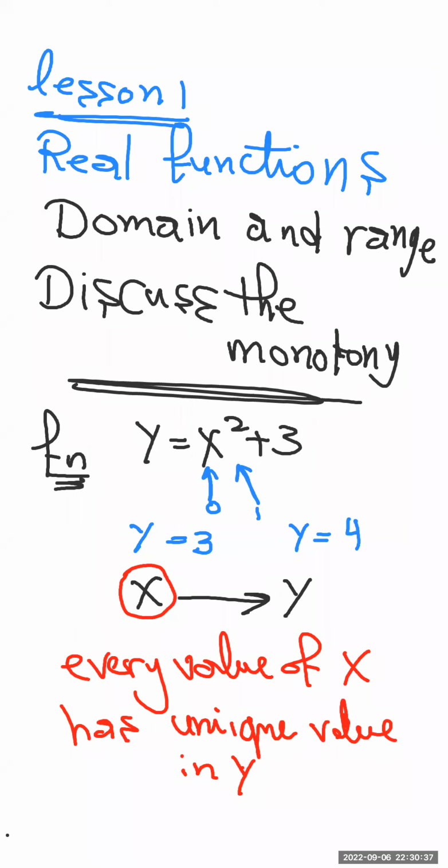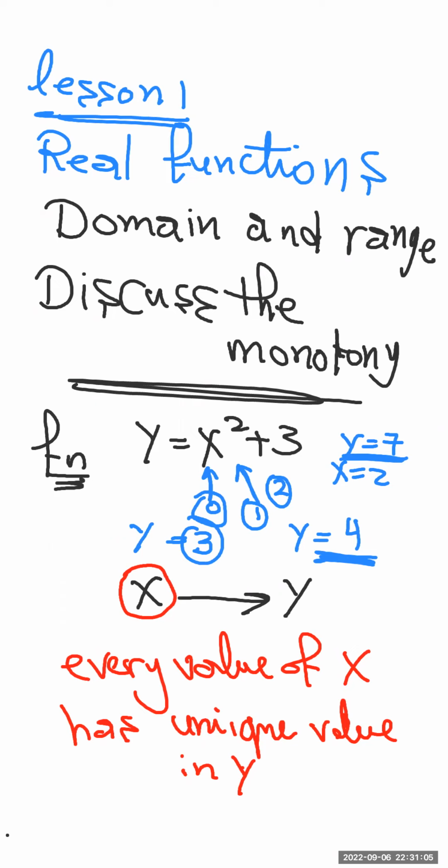If x equal 2, so 2 squared 4 plus 3, 7, y will equal 7. So every value of x, 0, 1, 2, 3, 4, whatever, will have a unique value in y. Here, 3, 4, 7, and so on. So in this case, we can say that it's a function.